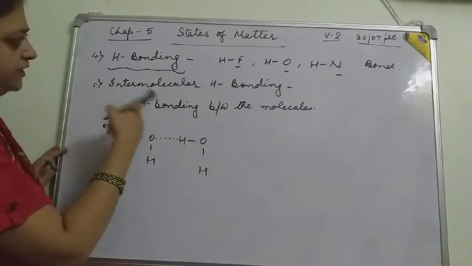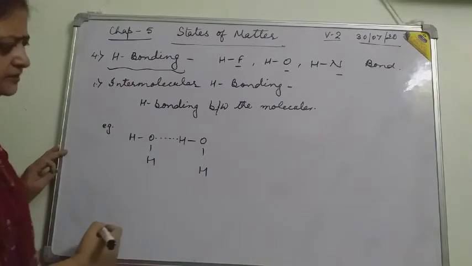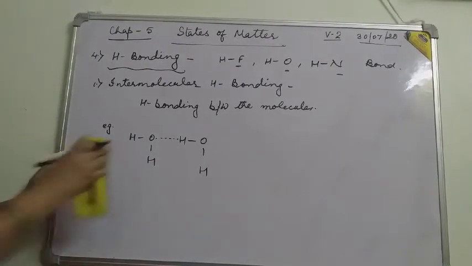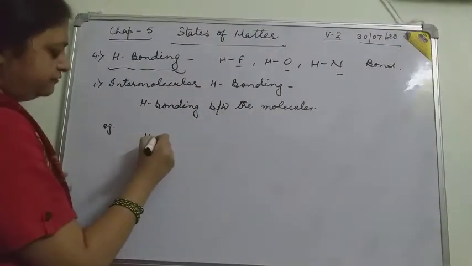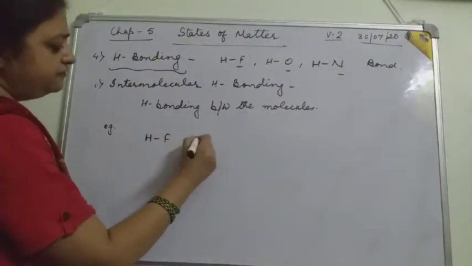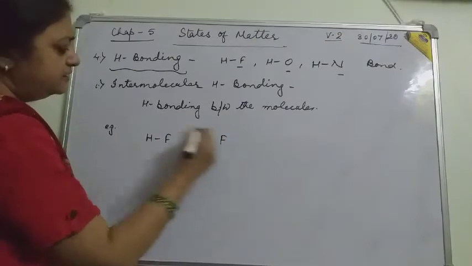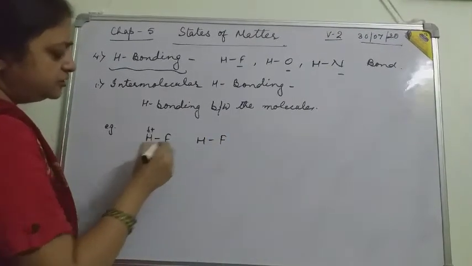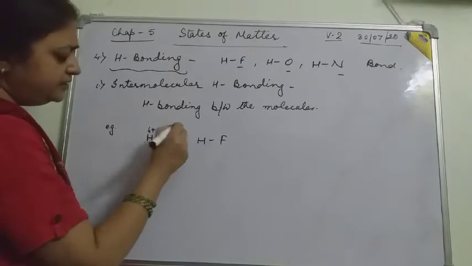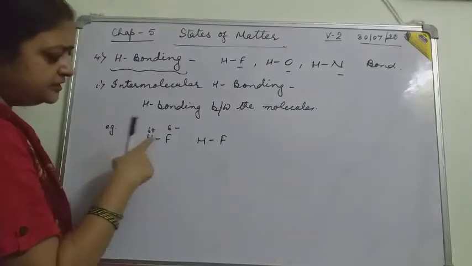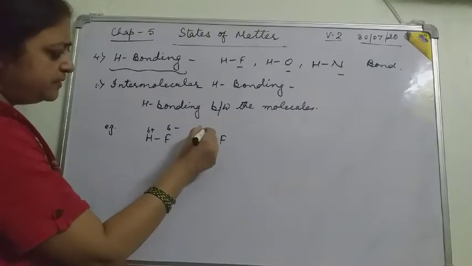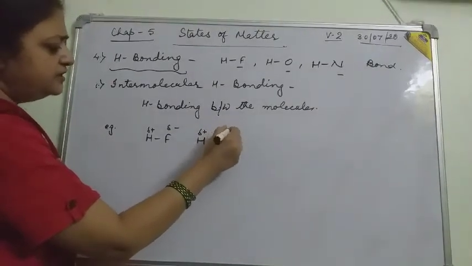Second example of intermolecular hydrogen bonding is HF. If it is HF, another HF is like this. Due to higher electronegativity of fluorine, hydrogen has some partial positive charge, and here also partial charge, positive and negative.